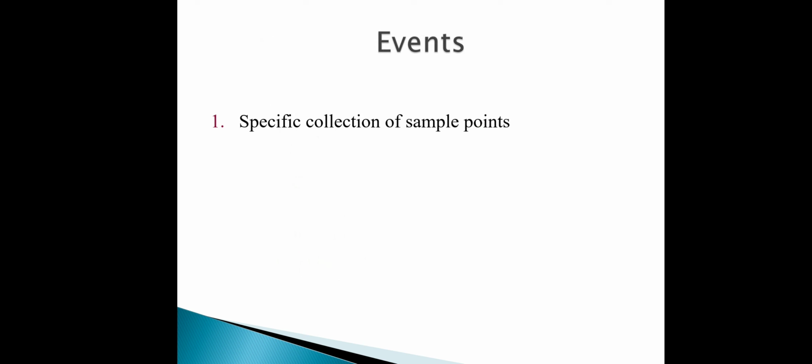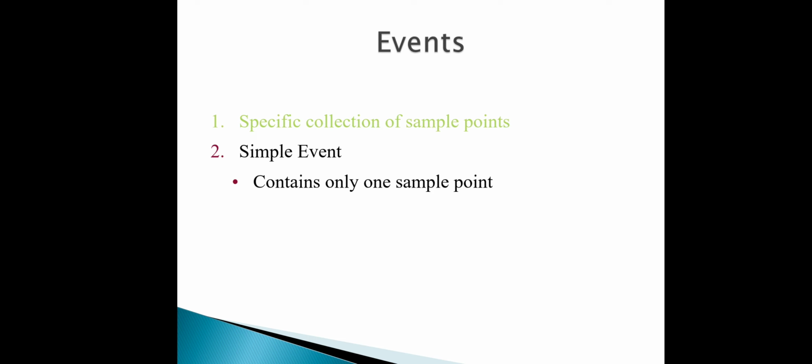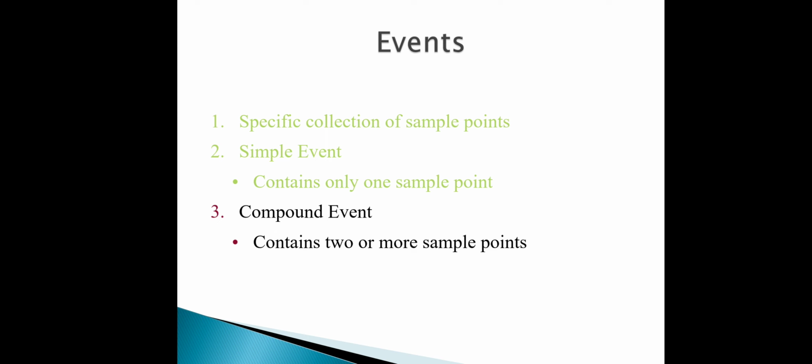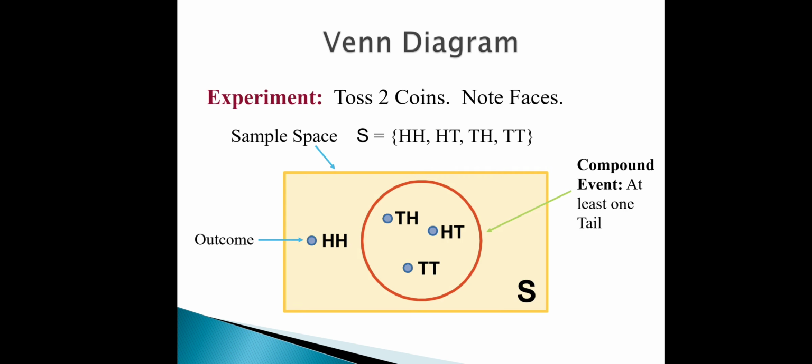Now we will discuss events. An event is a specific collection of sample points. A simple event contains only one sample point. The third type is a compound event; it contains two or more sample points.